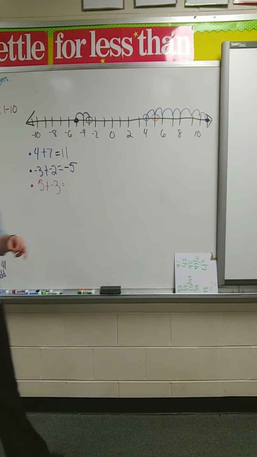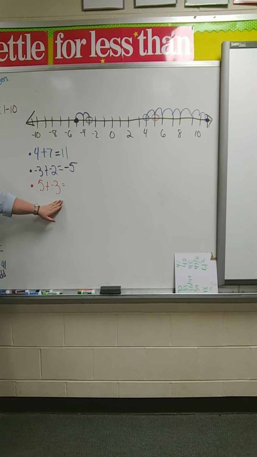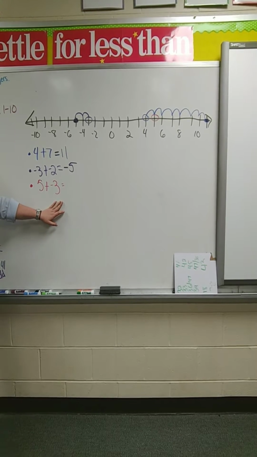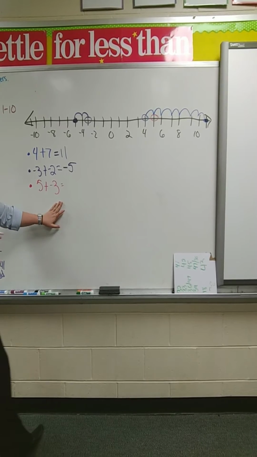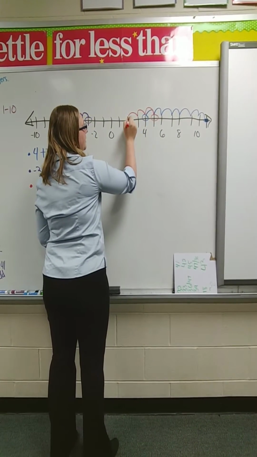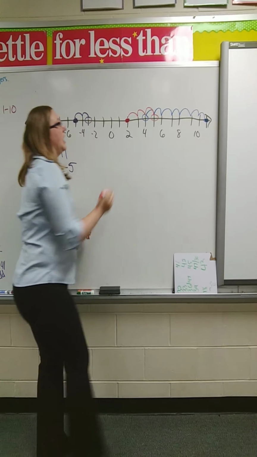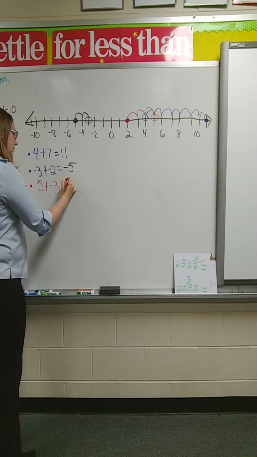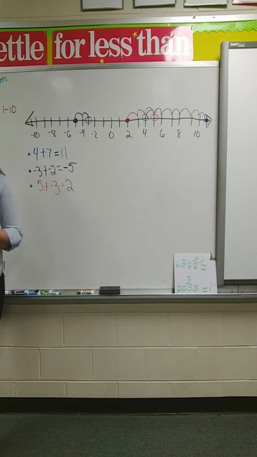How many units am I going to move? 3. Am I moving in the positive or negative direction? Negative, which says I move in which way? Left. I'm going to move left 3: 1, 2, 3. That gives me a positive 2.